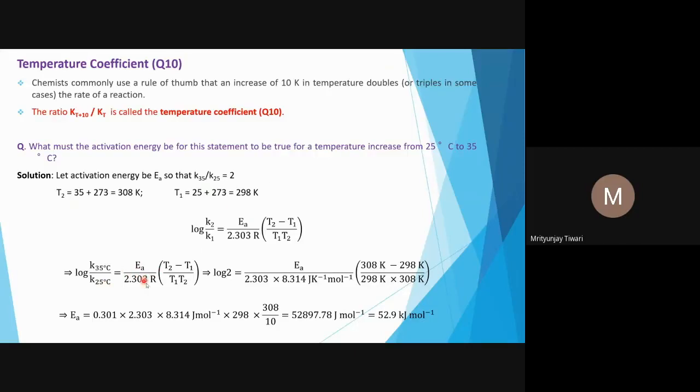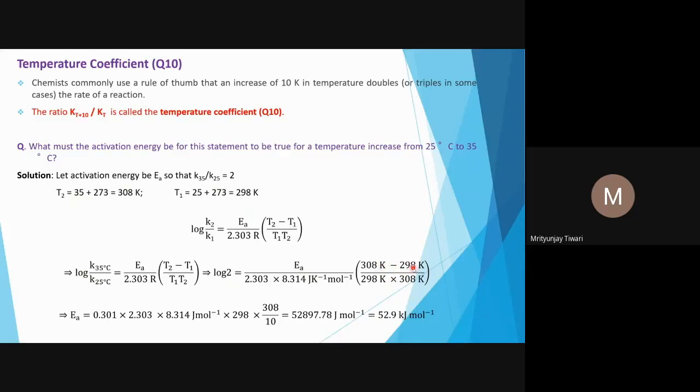Now we put the value: log 2 is equal to EA, activation energy value we do not know, divided upon 2.303 into the value of R. Value of R is 8.314 joule per Kelvin per mole into T2, 308 Kelvin, because we put the temperature value in Kelvin only, so that is why it was converted into Kelvin from degree centigrade.